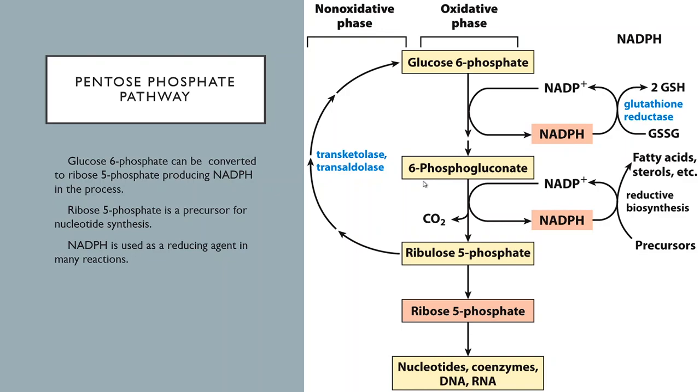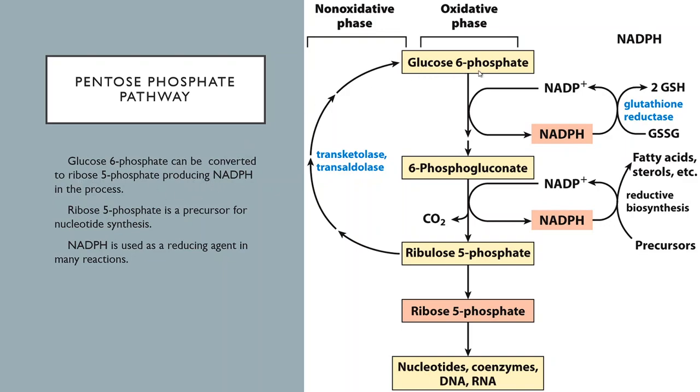And then the last thing to say about glucose is about the pentose phosphate pathway. So apart from glycolysis, this is probably the second most important reaction cycle that glucose goes through.